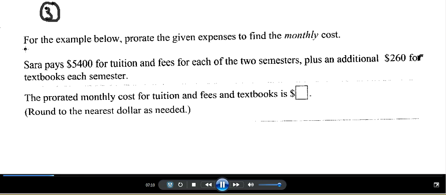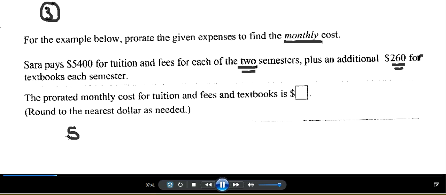Okay, number 3. For the example below, prorate the given expenses to find the monthly cost. Let's see what it says here. Sarah pays $5,400 for tuition and fees for each of the 2 semesters, plus an additional $260 for textbooks each semester. Prorated monthly costs for the items, well, let's do it this way.